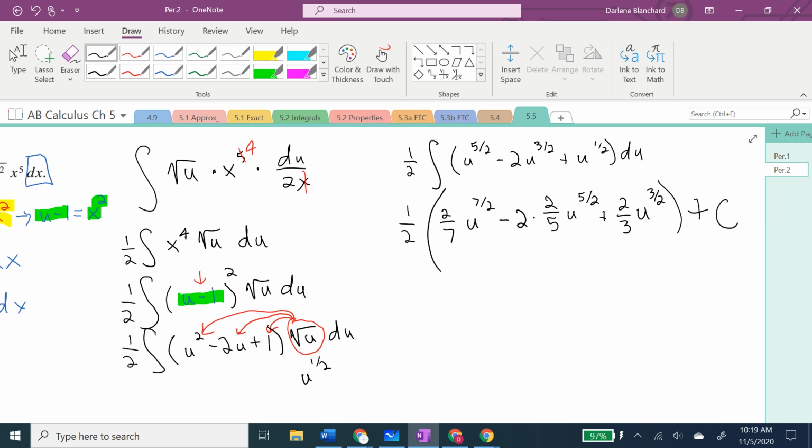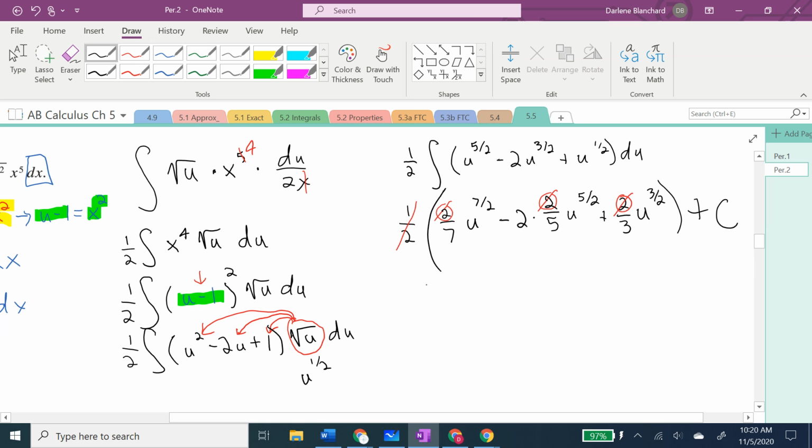And by the way, do you actually see a really nice simplification just waiting for us if we choose to use it? If I distribute that 1/2 through, it's going to just destroy all those 2's, which is nice.